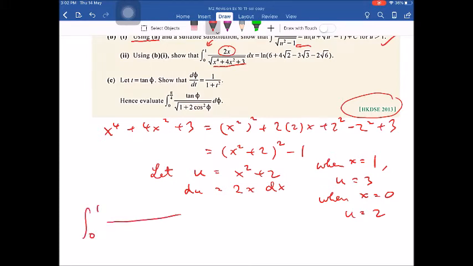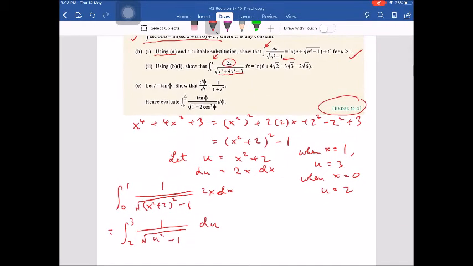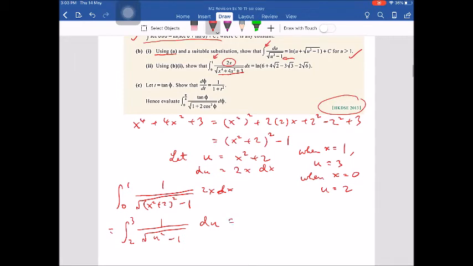Now I change it: 1 over x squared plus 2 all squared minus 1, 2x dx becomes the integral from 2 to 3 of 1 over u squared minus 1, du.